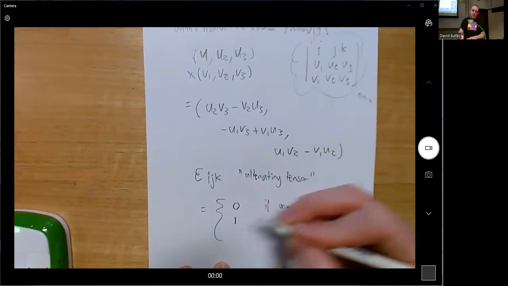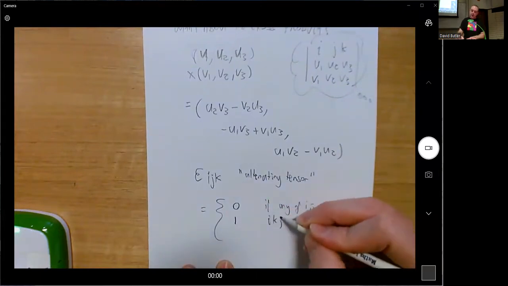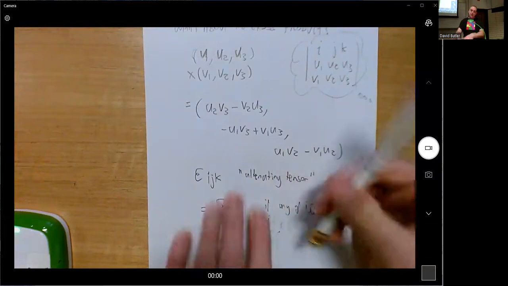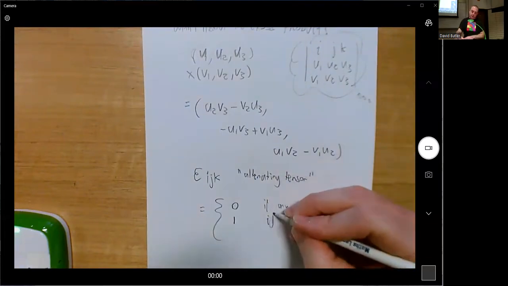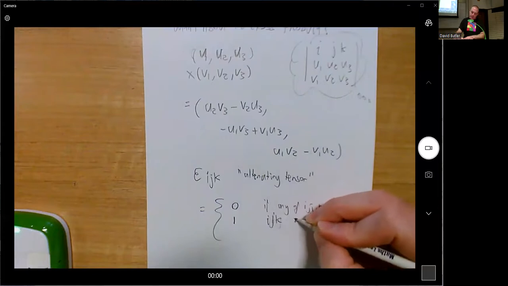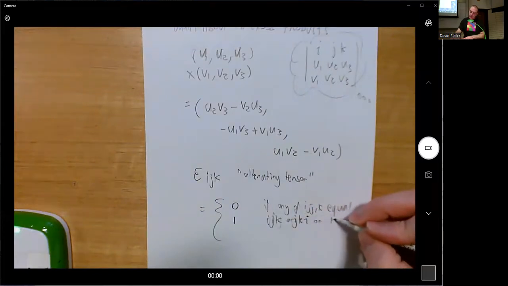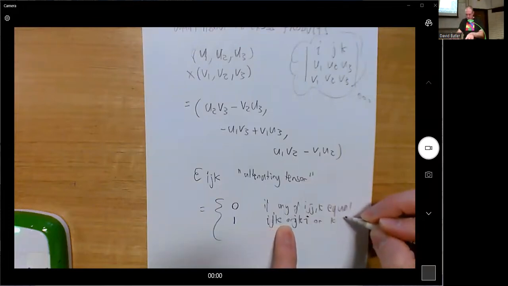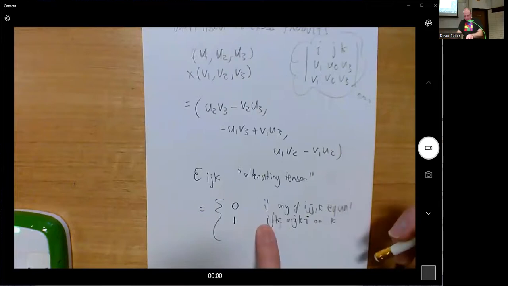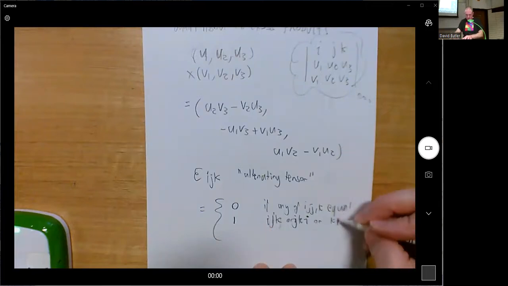And it's 1 if it's i, j, k, or they're in the correct cyclic order: j, k, i, or k, i, j.